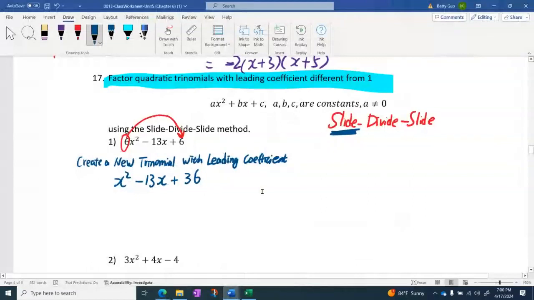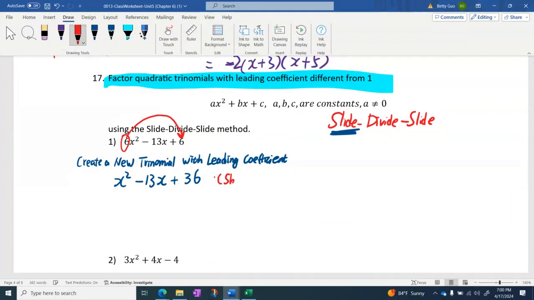And the blue trinomial, x squared minus 13x plus 36, has a leading coefficient 1. So you still have to use a shortcut. Shortcut method is a critical step of slide, divide, slide. Okay, I'll give you a little time. Help me to factor the blue trinomial.